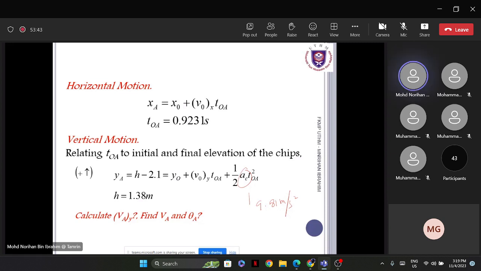Once you substitute the data into these equations, at the end you get the answer for H, which is equal to 1.38 meters. Through that we can calculate the final velocity VA, and also the direction of velocity at A just before the chip hits the pile. This is the result obtained.